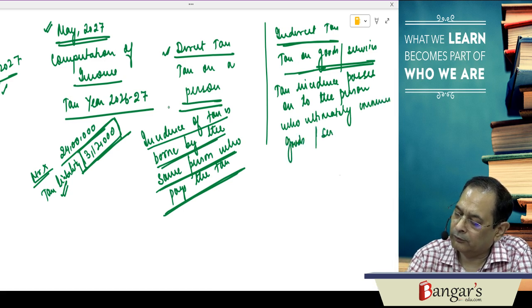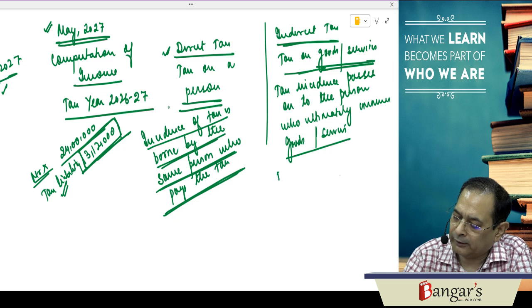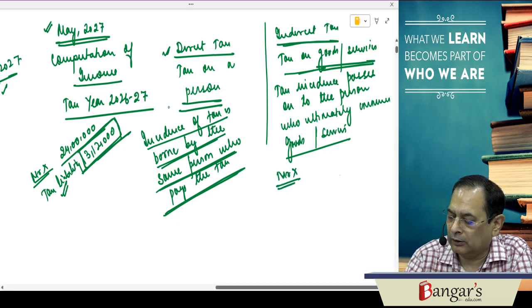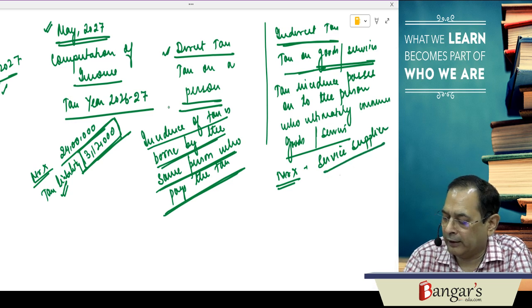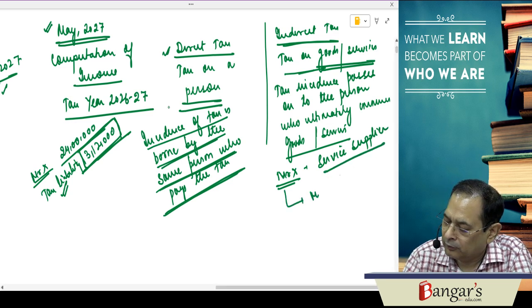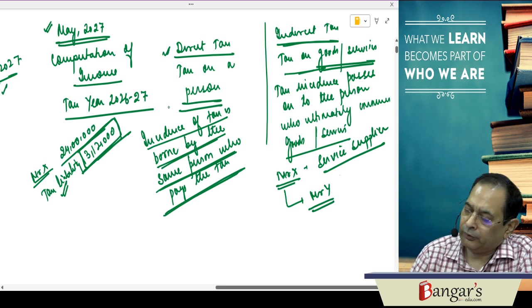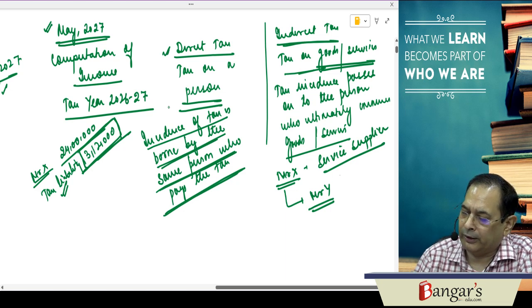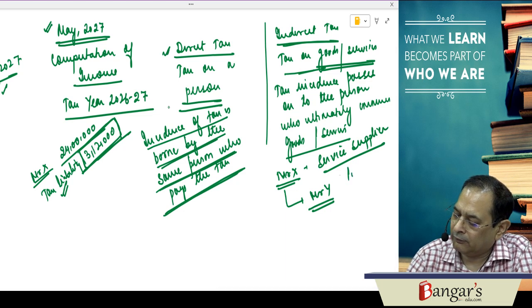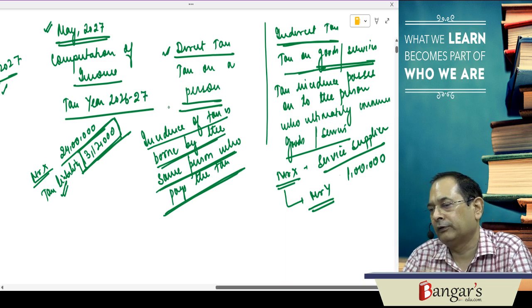Now for example, Mr. X is a service supplier. Mr. X supplies services to Mr. Y. Say he is providing accounting or auditing service or beauty treatment service or rent a cab service, and say he is charging 1 lakh for his service.